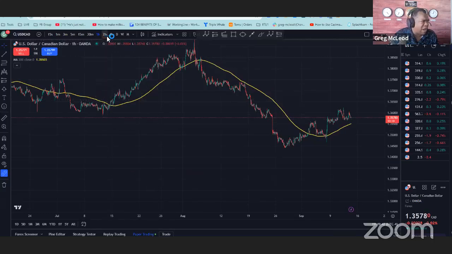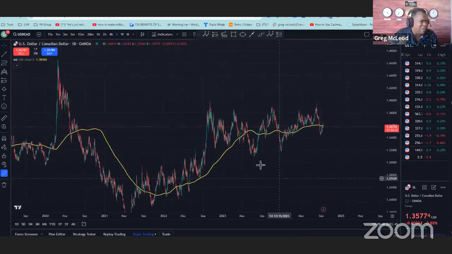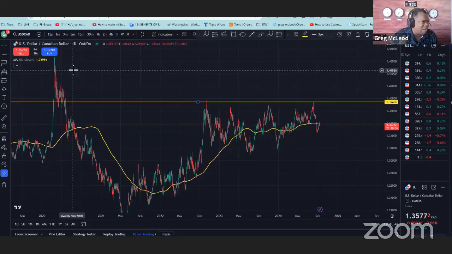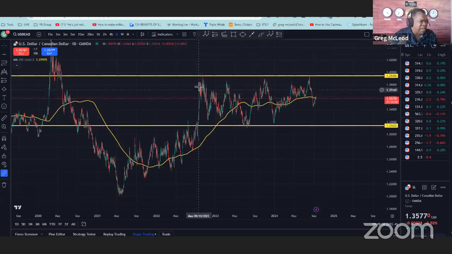I'm just looking at the 1 hour, but if we look at the daily, we've been in a range it could not get outside of. I thought for one day we would get up to 146. We never did. But we've been trapped in this range between 130, 143 and 139.45 for a long time, right?